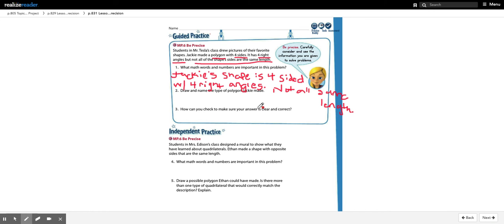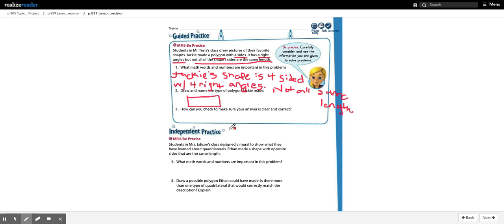So what do you think she drew? If you're saying a rectangle, you're right. Because if you think about it, it has 4 sides, check. 4 right angles, check. But are the shape sides the same?